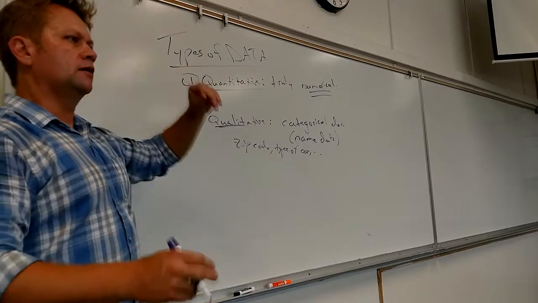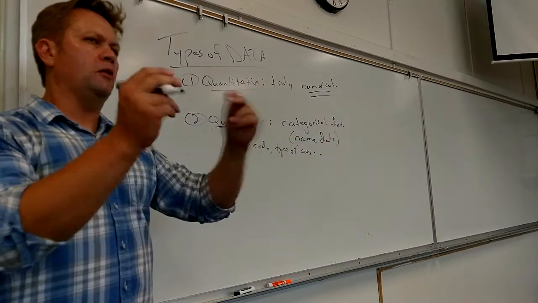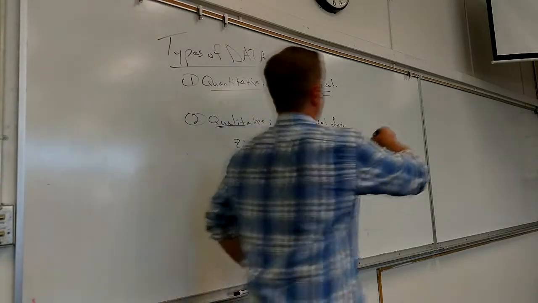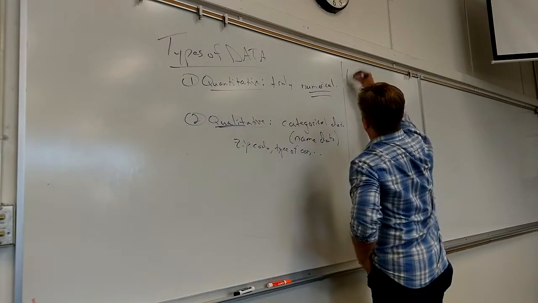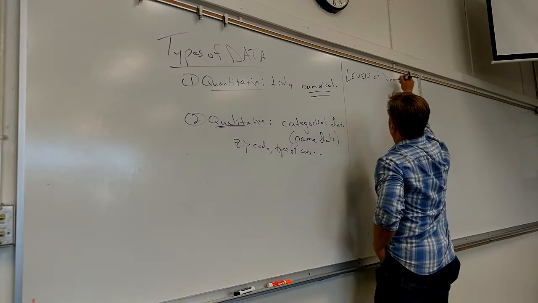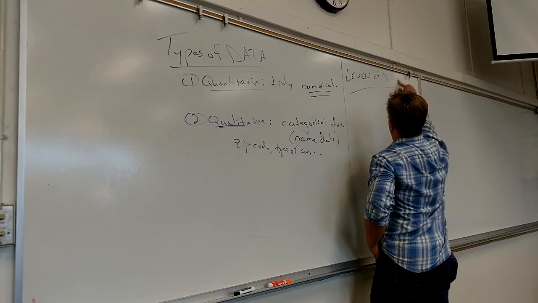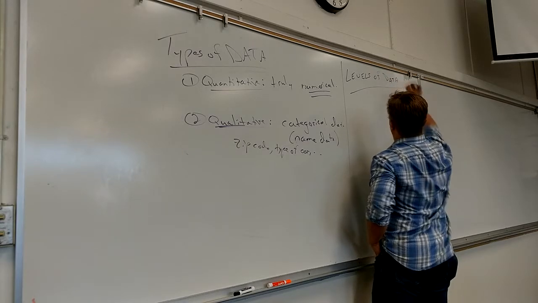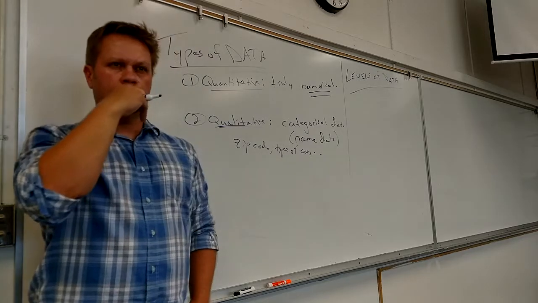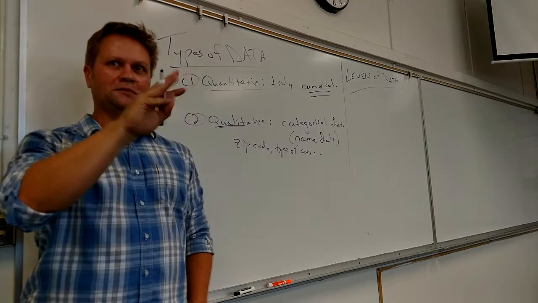So these normally are really easy to tell which one it is. Pretty easy. The next thing I'm going to talk about normally is not quite as immediate. So levels of data. 4. I like it.